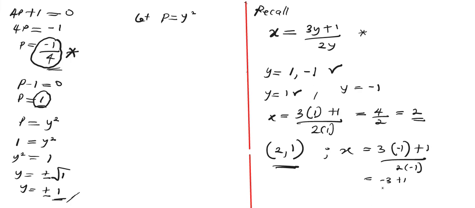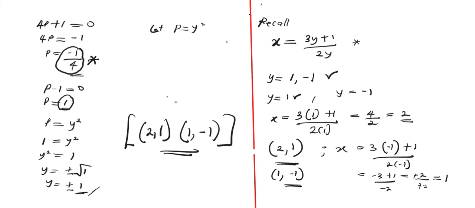This is equals to negative 3 plus 1 is negative 2 divided by negative 2, and negative will cancel negative, so we have 2 divided by 2 equals to 1. So that means when x is 1, y is negative 1. So the final answer for the system of equation is given by when x equals to 2, y is 1, and when x equals to 1, y is negative 1.